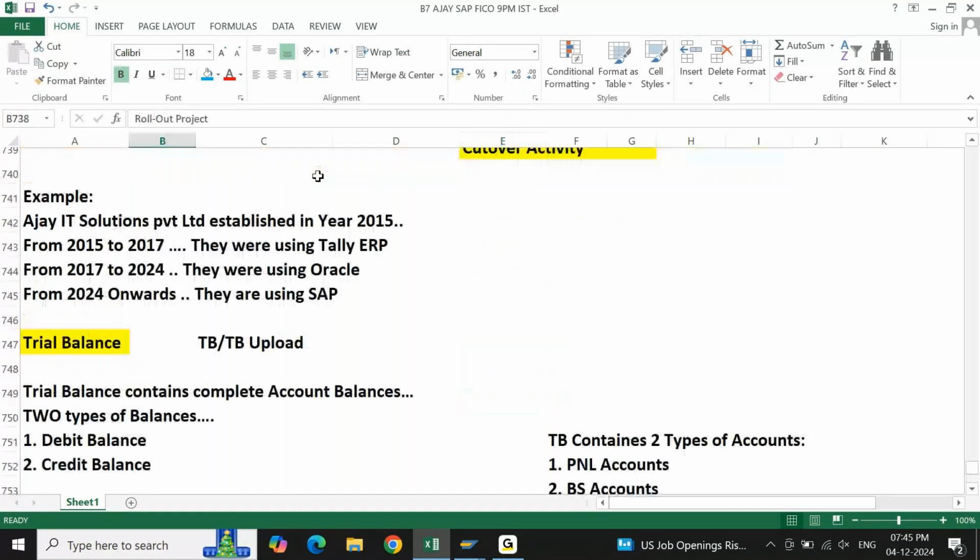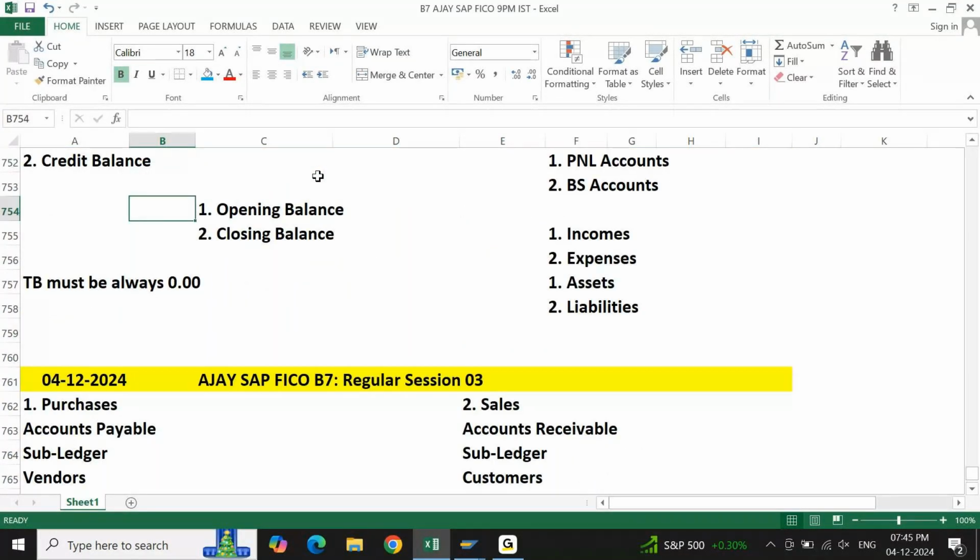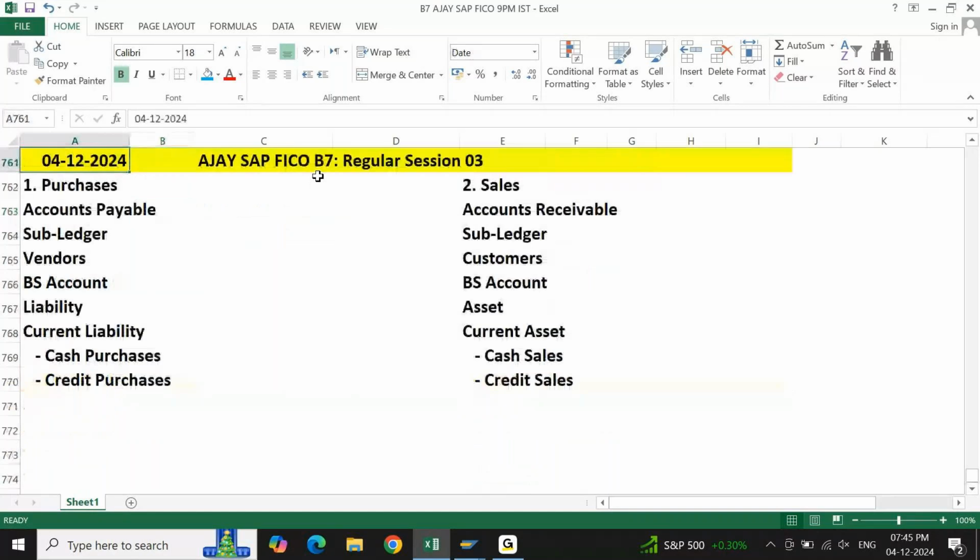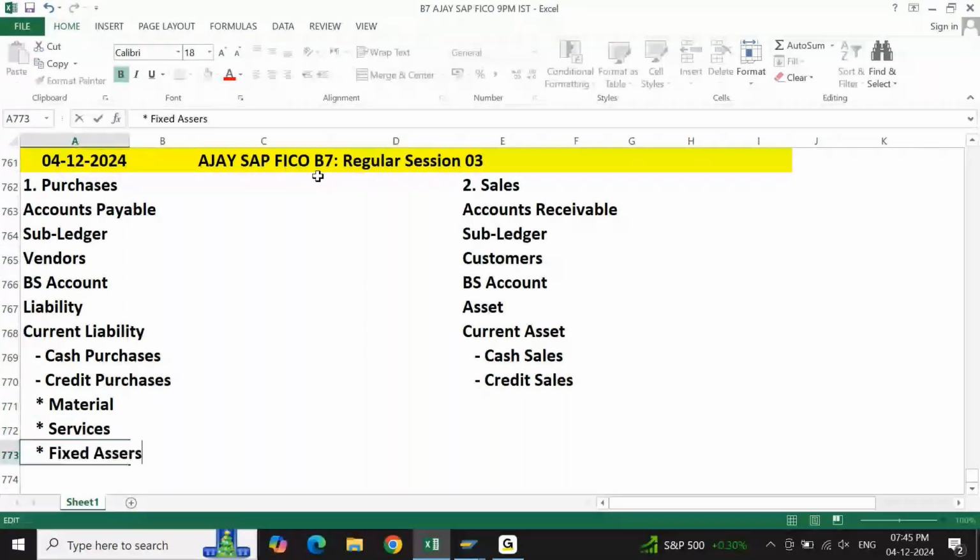Now, ideally, from here, you may have cash sale, cash purchase, credit purchase. I may also be purchasing different kinds of items, like material. What else can I purchase? Services. Assets. Whenever we are talking about asset, from now onwards, you have to be very particular: it is a fixed asset, not just asset. Am I clear?